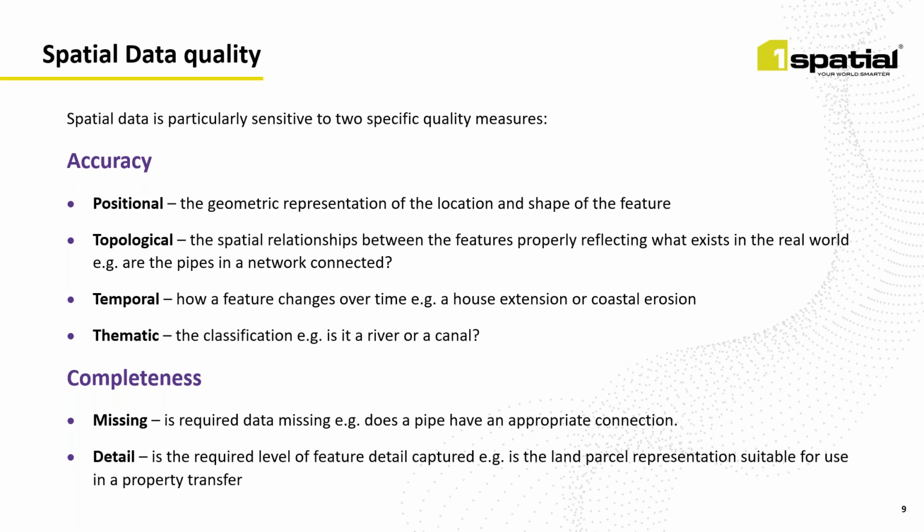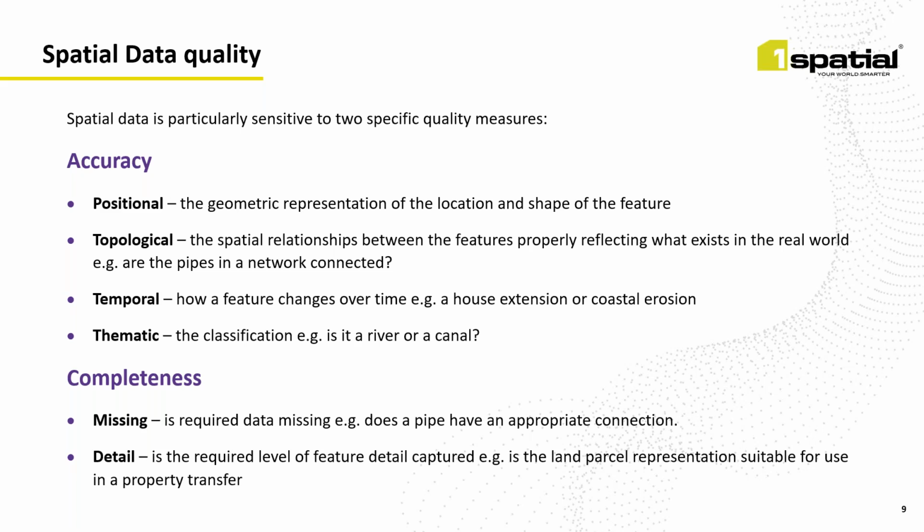So if we have a pipe network, it might be a utility company maintaining our underground assets in a digital pipe network, we need to ensure that that's topologically connected, so that the end of each line connects to the next line. There's a nice connecting node in the middle. If we don't have that, then if we're running analysis across our data, they won't be joined up, so things won't flow through, and we're going to get the wrong insights back from that analysis.